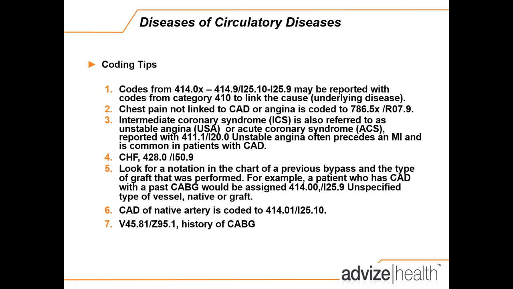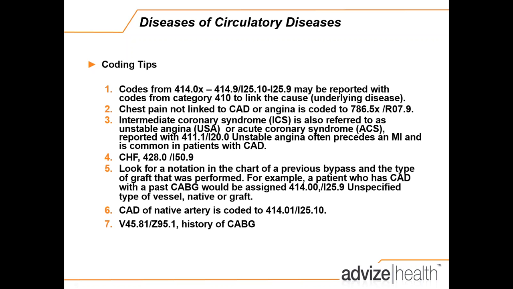Intermediate coronary syndrome, ICS, is also referred to as unstable angina or an acute coronary syndrome and is reported with I20.0. Unstable angina often precedes an MI and is common in patients with CAD. So a lot there as well, but just know the differences in what the patient has, the condition the patient is in, and what is documented.